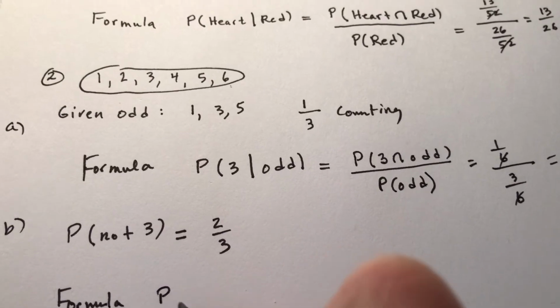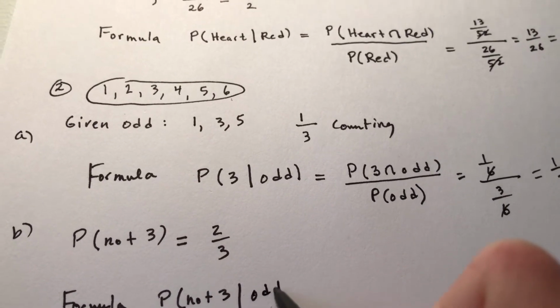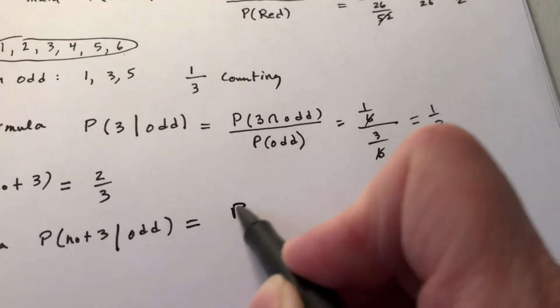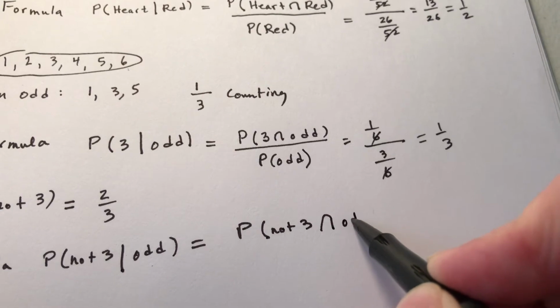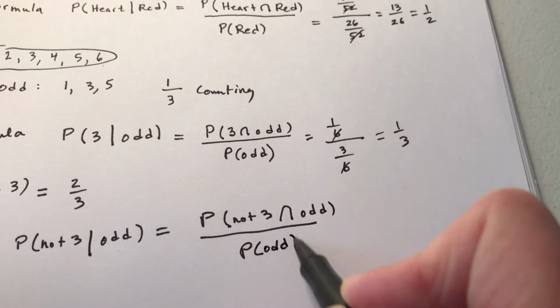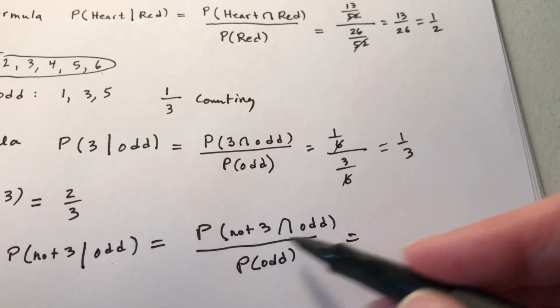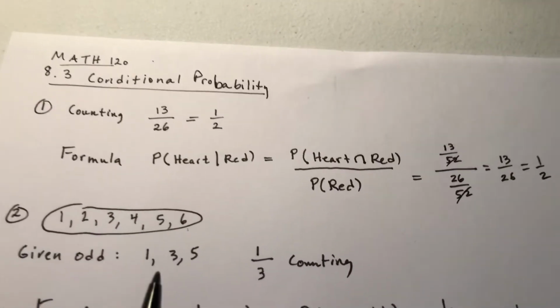And you can do the formula: the probability that it's not a 3 given that it's odd is the probability that it's not a 3 and odd over the probability of odd. So the probability of 3 and odd, oh, sorry, not 3.